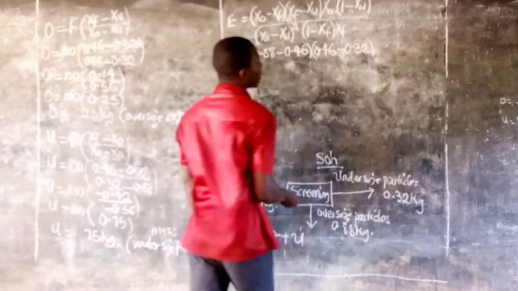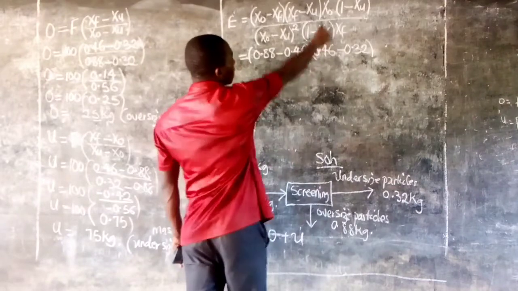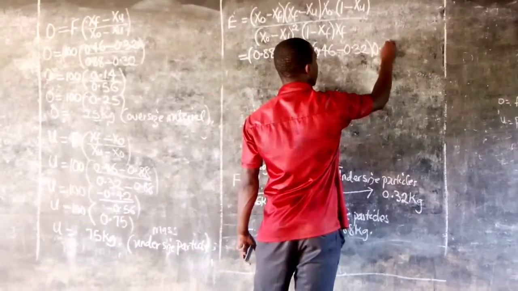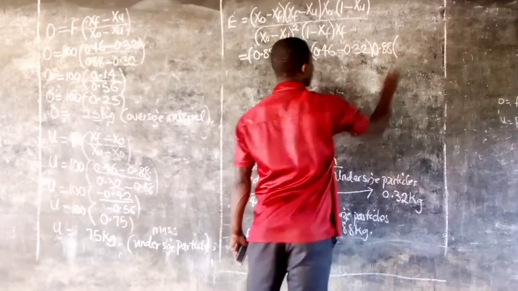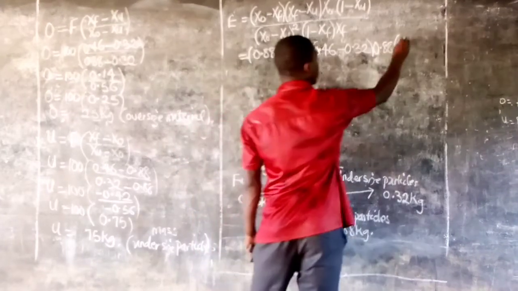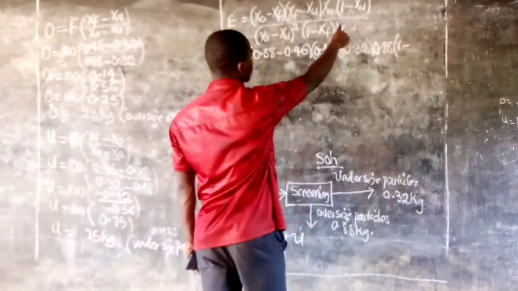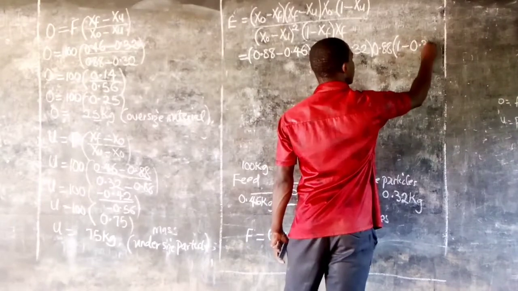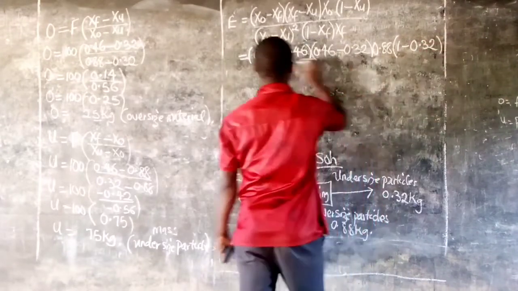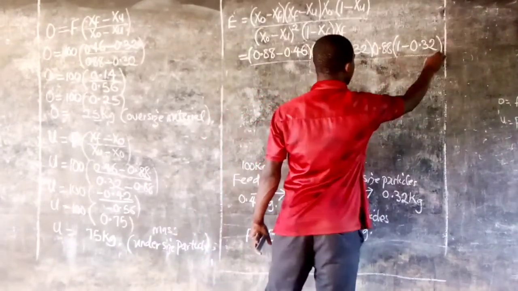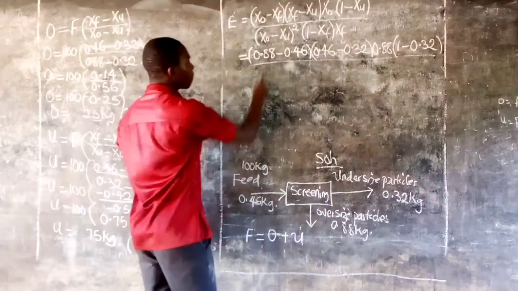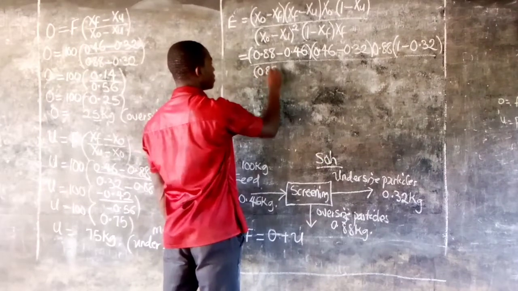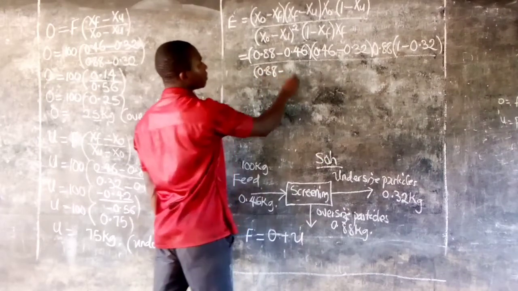We close the bracket, then multiply by the mass fraction of oversized material, that is 0.88, bracket open, then 1 minus the mass fraction of undersized material, that is 0.32.